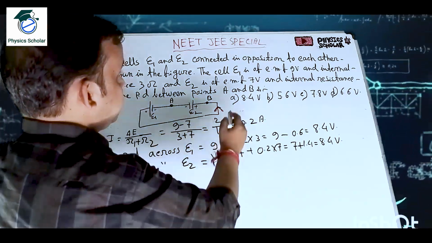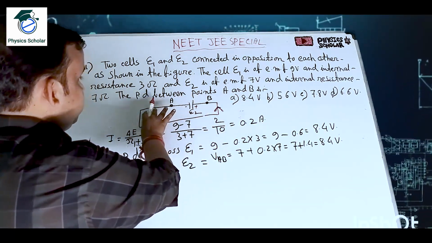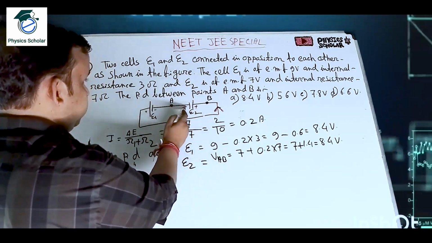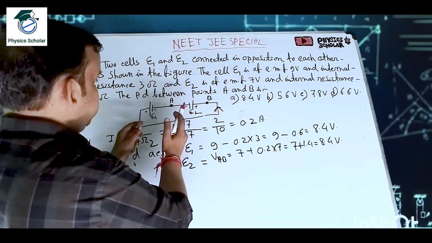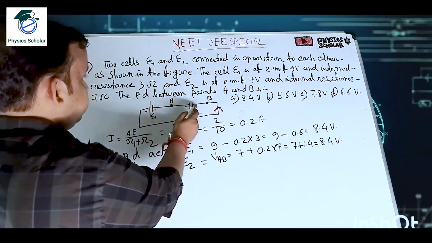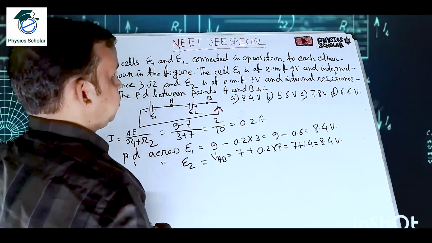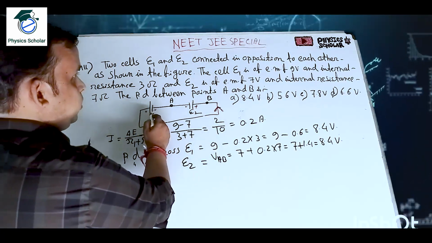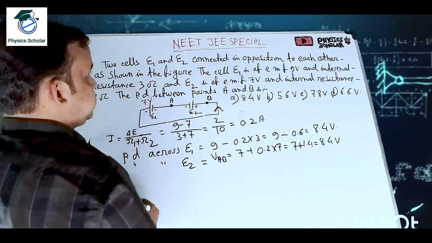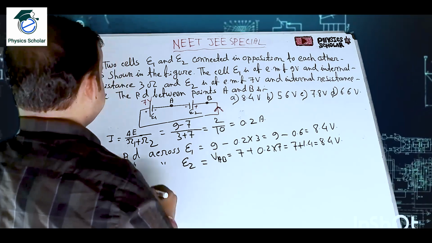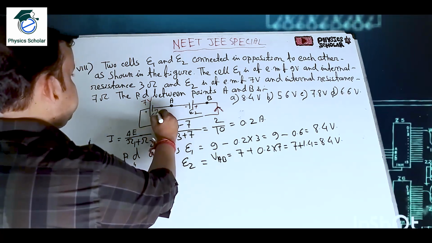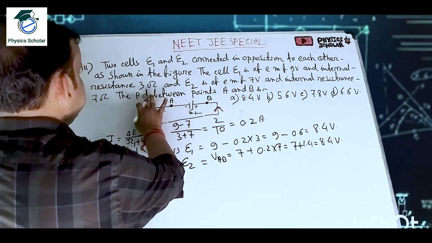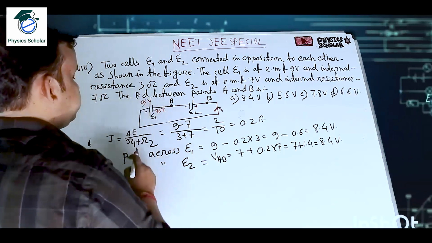One is in forward bias and the other is in reverse bias. Both are connected in opposite direction, that means both negative terminals are on the same side and the positive terminals are on opposite sides. The cell epsilon 1 has an EMF of 9 volt and an internal resistance of 7 ohm.